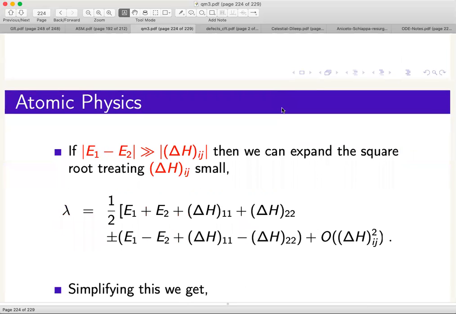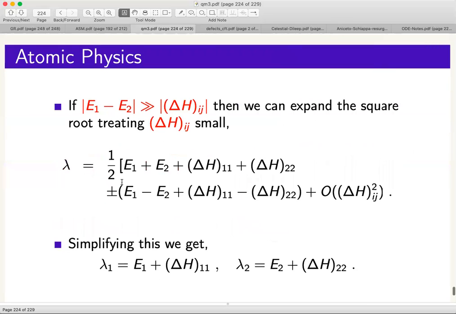Okay, so now you can see that because of the plus minus sign, you get two eigenvalues. One eigenvalue is lambda 1, which is E1 plus delta H11. When you take the plus sign, E2 and delta H22 cancel out. But if you take a minus sign, then the opposite sector cancels out and you get eigenvalue E2 plus delta H22.